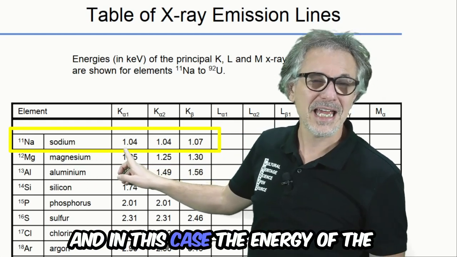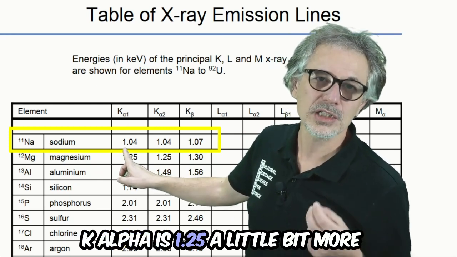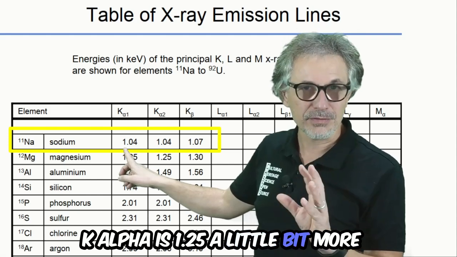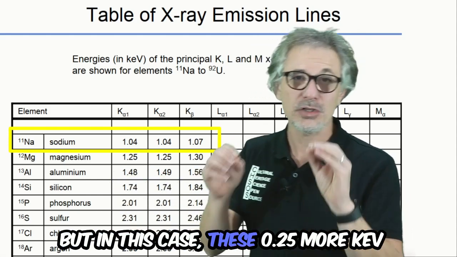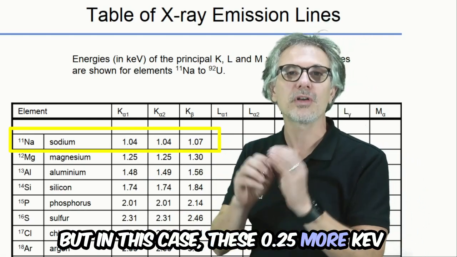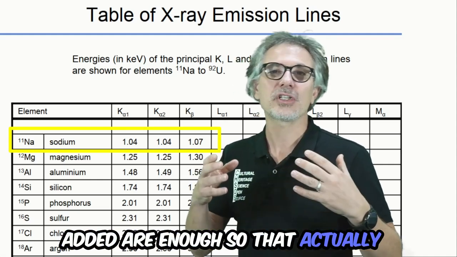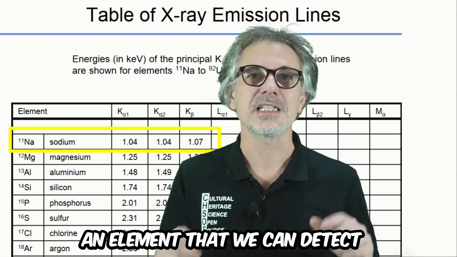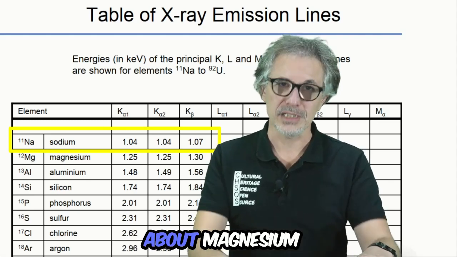In this case the energy of the K alpha is 1.25, a little bit more, but this extra 0.25 keV is enough so that magnesium is an element that we can detect, and we will see it in the lesson about magnesium.